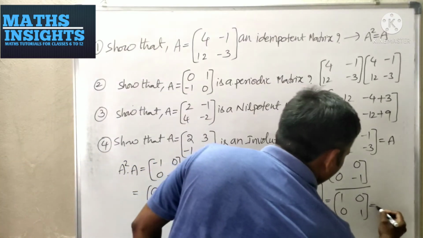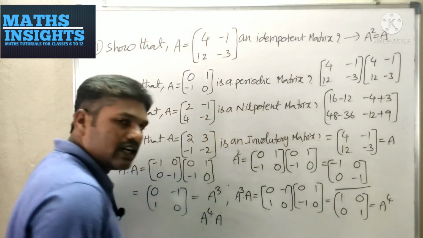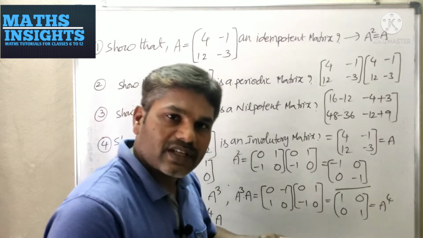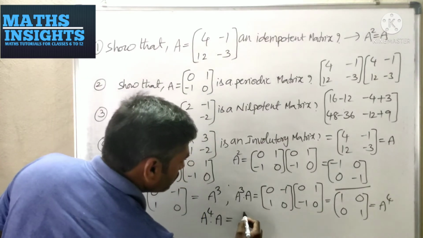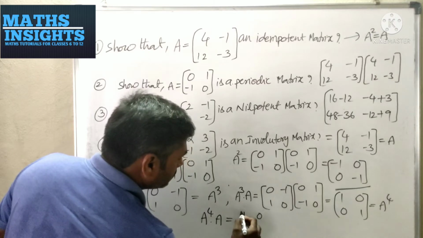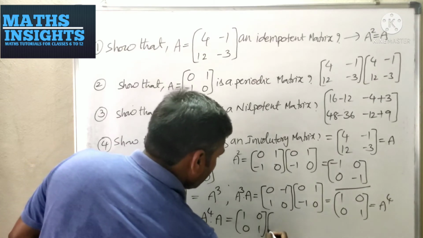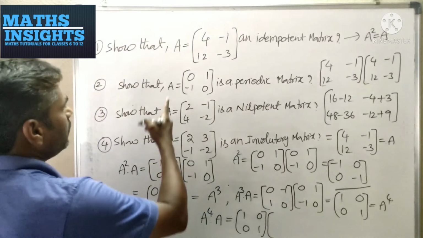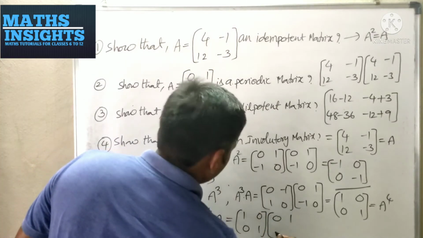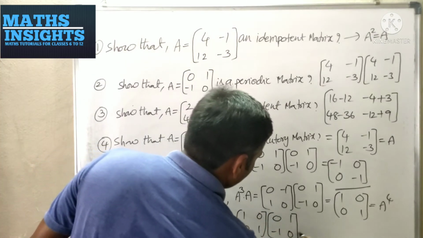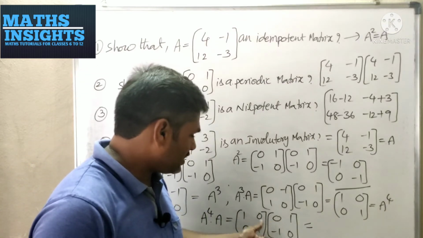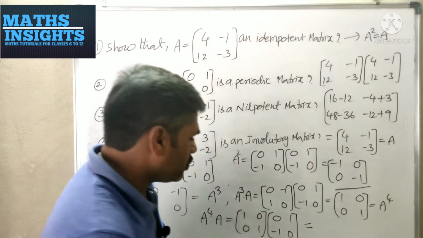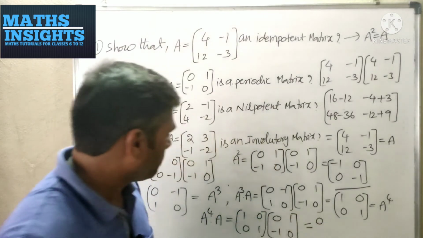This is A power 4. I have to multiply A with whatever the result until you get A again. A power 4 is [1, 0; 0, 1]. If you multiply it again with A, what is A? [0, 1; -1, 0]. Now the result: 1 into 0, 0, plus 0 into minus 1, 0, so 0 plus 0 is 0.